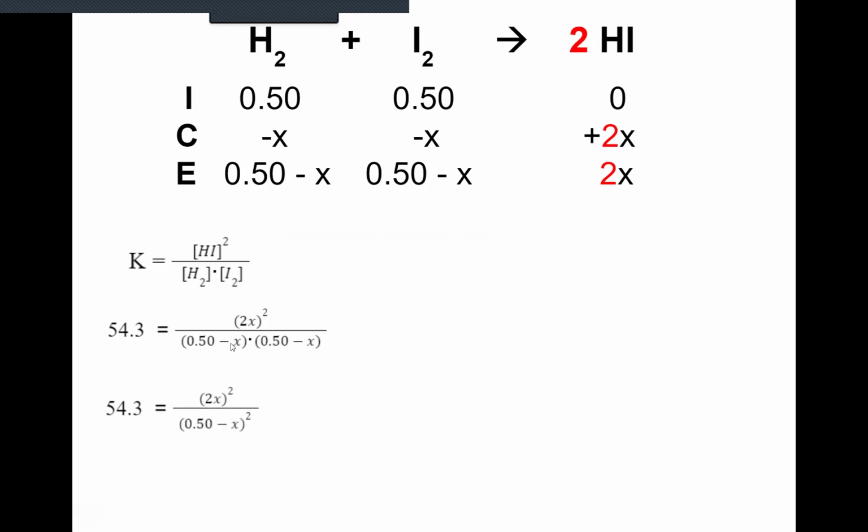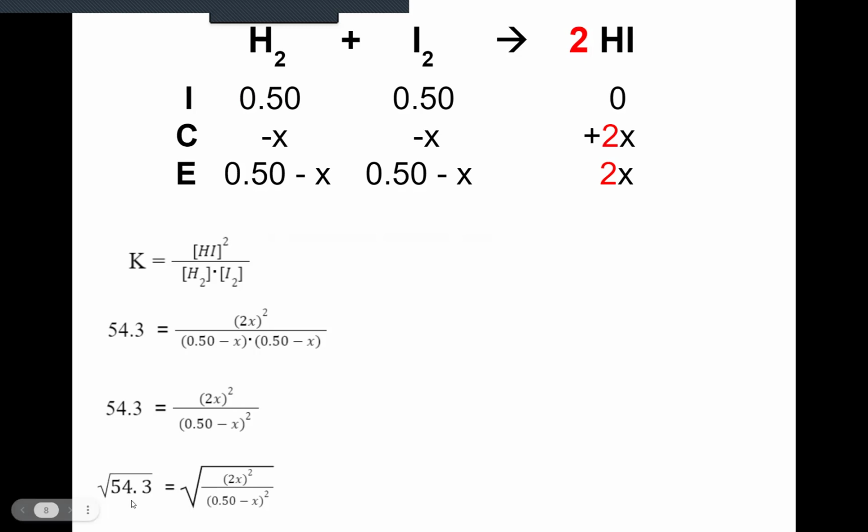Notice that if in the denominator of the expression you have 0.5 minus X times another 0.5 minus X, that's the same as 0.5 minus X squared. We have a situation called a perfect square, which means something squared in the numerator and something squared in the denominator. Take the square root.